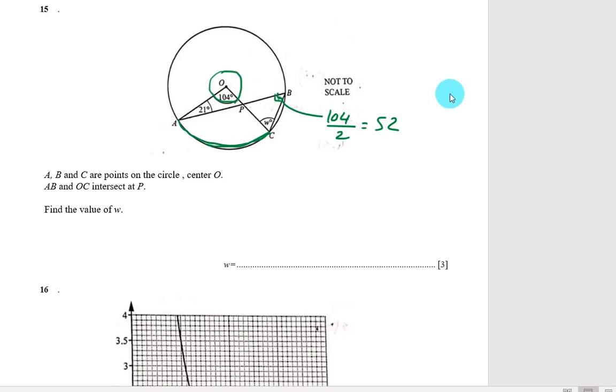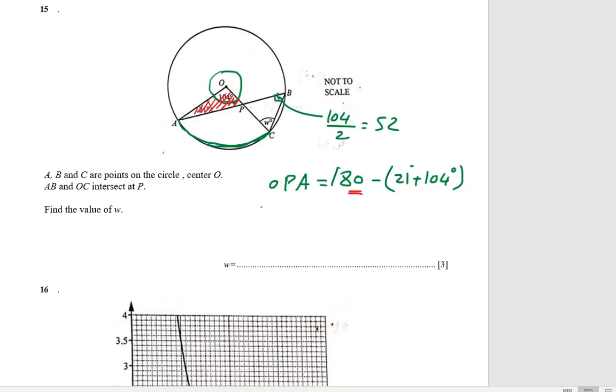This angle here, angle OBA, in this triangle is equal to 180 minus 21 plus 104. Why? Because in this triangle the summation of all the angles will equal 180.